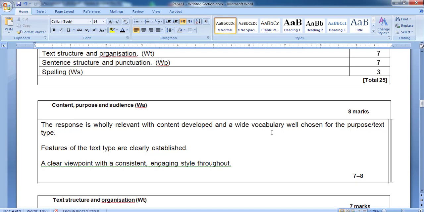Okay, number 1. And your vocabulary is well chosen, okay, for the purpose or for the text. You are using words related to the text.